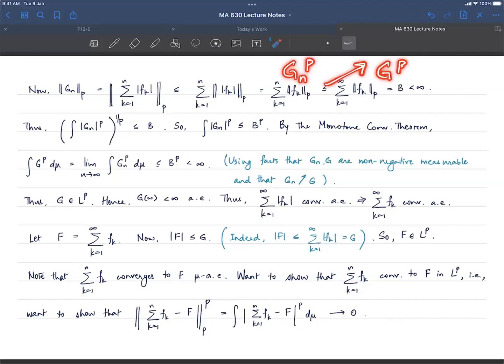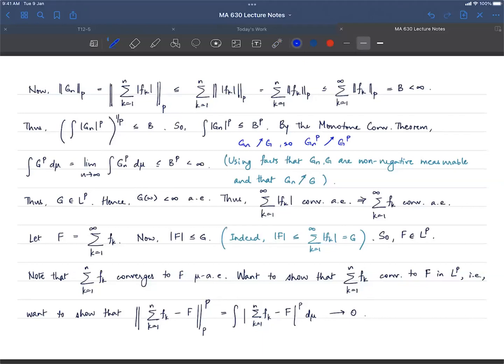Gn to the p is going to increase to g to the p. So let's make a note here: Gn and g are non-negative measurable functions, Gn increases to g, so Gn to the p increases to g to the p.